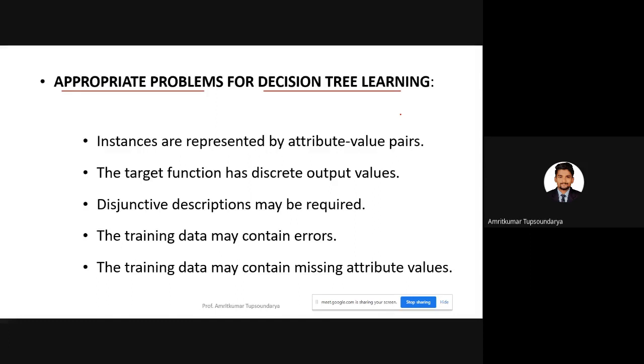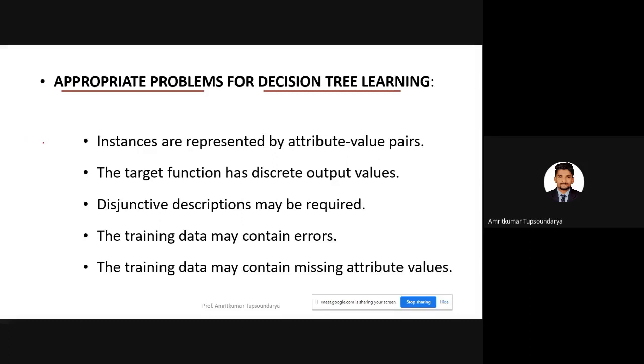So we have a few sets of problems which are going to fit perfectly into this decision learning algorithm. But what are these problems? How can we say that these problems are appropriately fitting into this decision learning algorithm? There are a few characteristics we have to look for in order to say that this particular problem can be a decision learning problem, or that it is appropriate for decision learning.